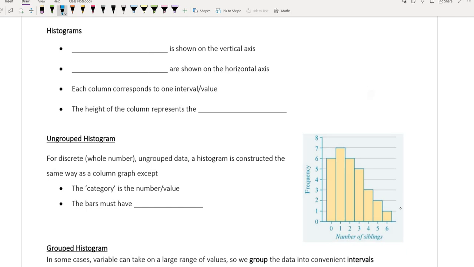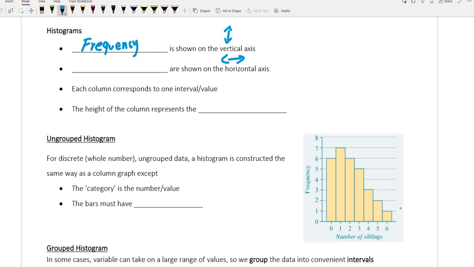And on the vertical axis, so upside down, it's this way. Horizontal is this way. On the vertical axis, we've got the frequency on the histogram. That's what we want to see. I'm missing an E there somewhere. It should be frequency.